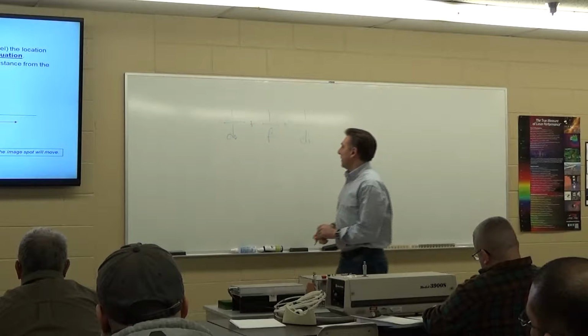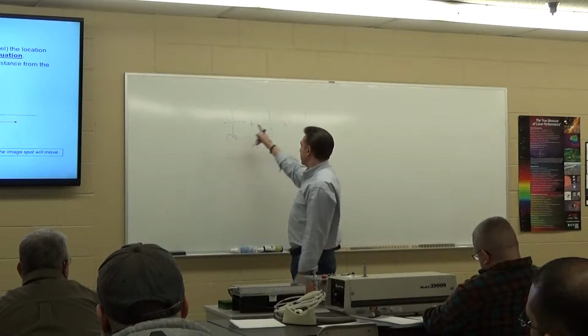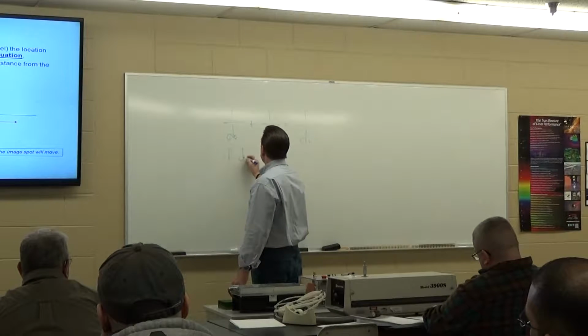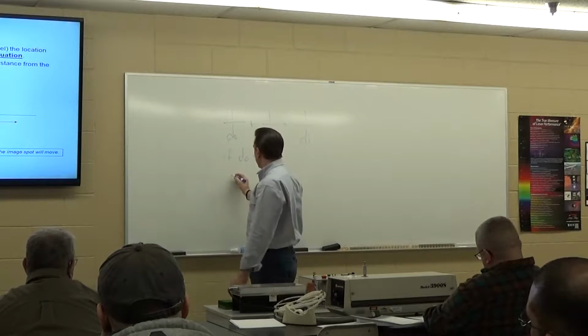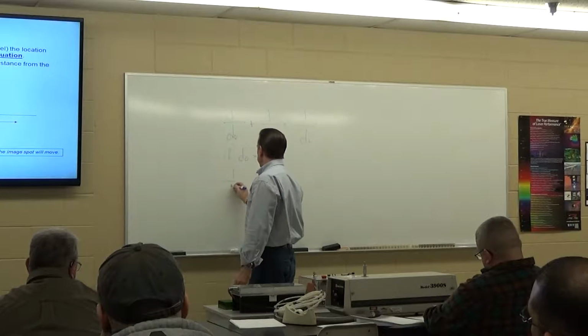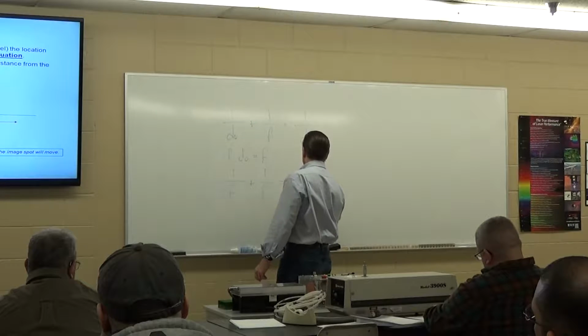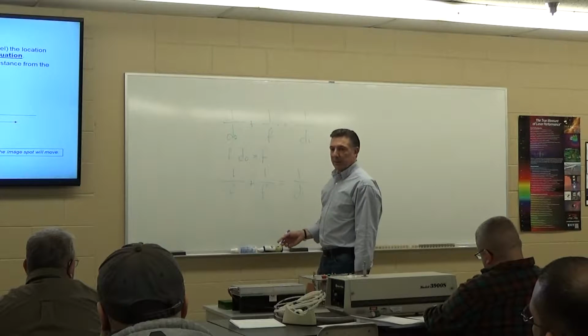What if I make this object distance equal to the focal point? If d0 equals f, because it's minus, I get 1 over minus f plus 1 over f is equal to 1 over di. What's 1 over minus f plus 1 over f? 0.